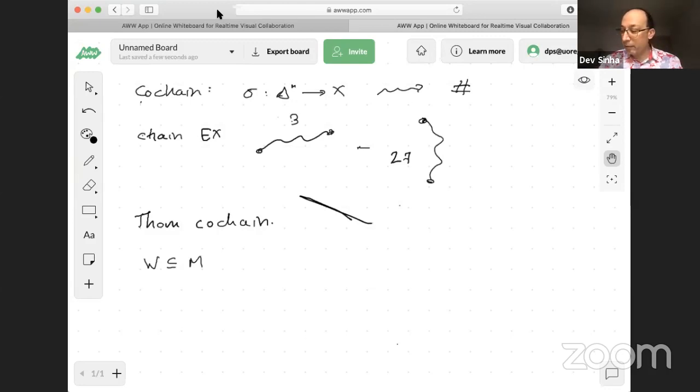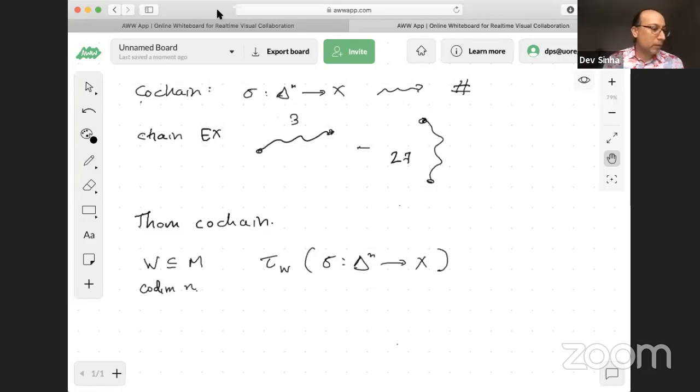Then what is the value of the Thom cochain on a simplex? And what I want is that W is supposed to have codimension n. Well, you're going to just take the preimage of W and you're going to count it. That's some finite set.